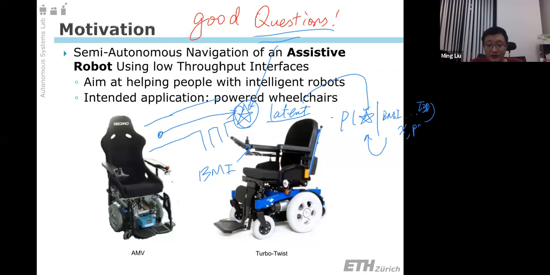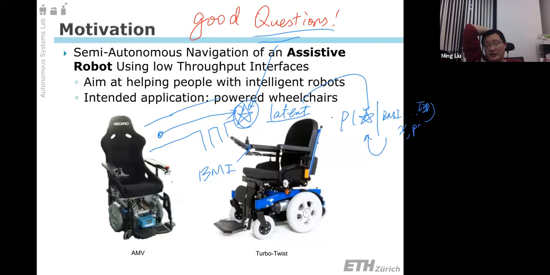How to make a map inside the user. You should think of the application scenario. For example, we have one guy from the university who wants to use this system. This guy already knows about the environment.